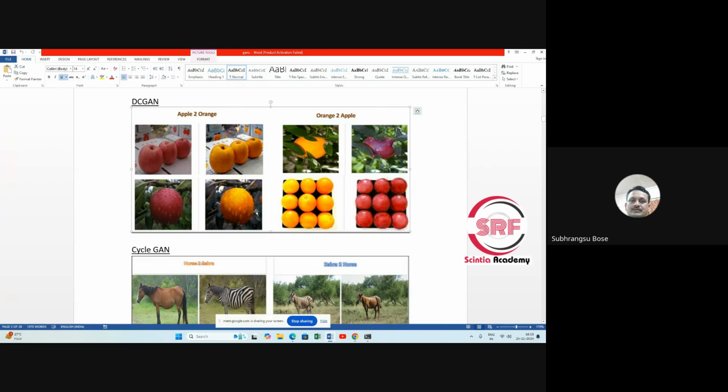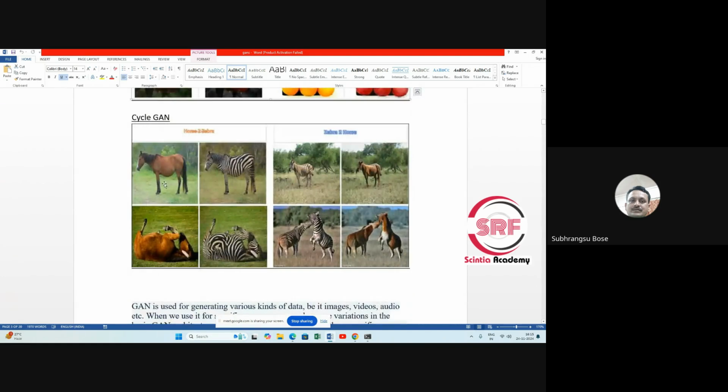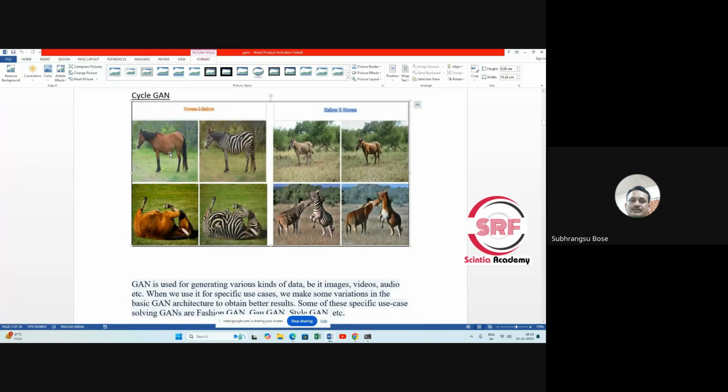Different types of fruit are given here. If we want to change the image from zebra to horse or vice versa, horse to zebra, see this image. This horse is real, on the left side. But this zebra is an AI-generated zebra from this horse. It is also a utility of GAN.